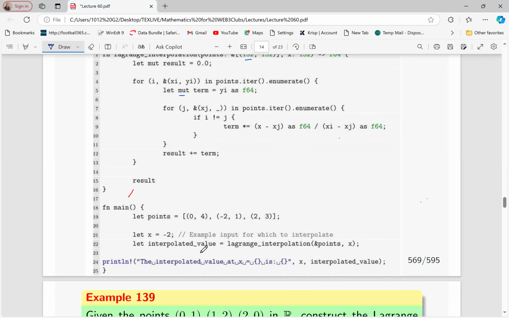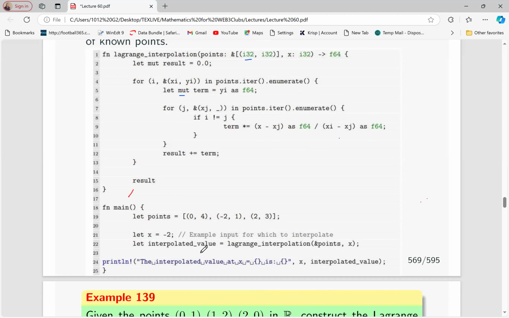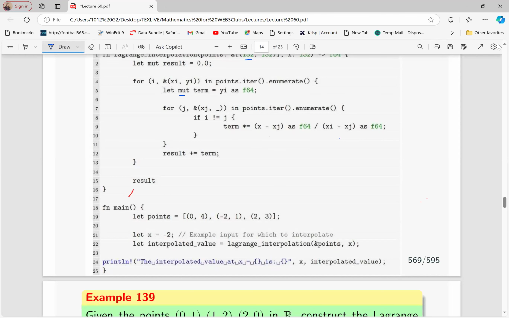Now you see, what this code is doing is not giving us the polynomial. This code calculates the polynomial. Then after calculating the polynomial, if you give it the value of x, it will give you the corresponding value of y. This is what this code is doing.